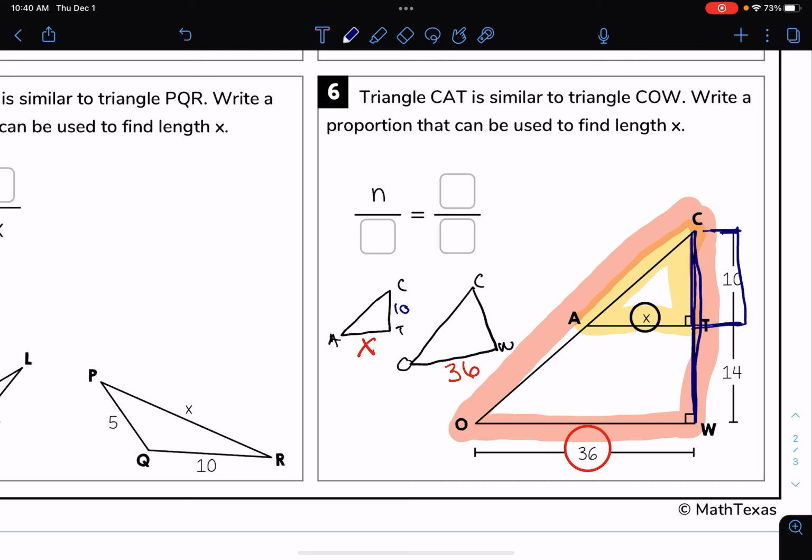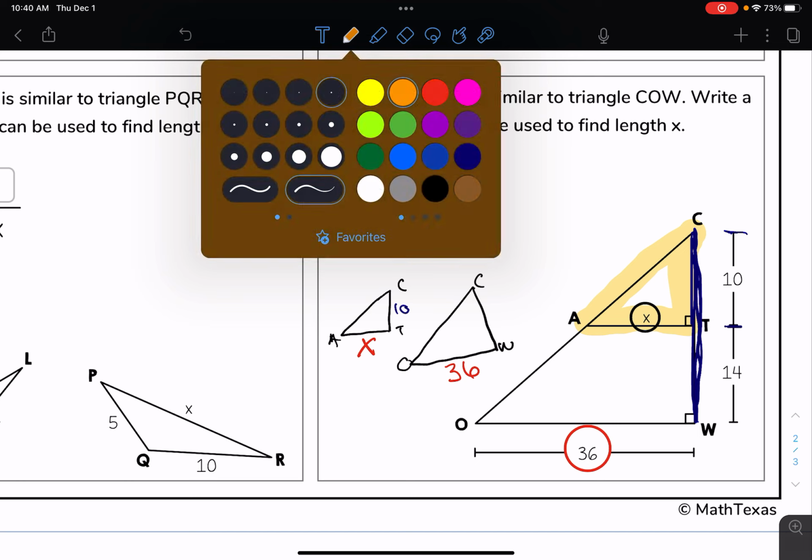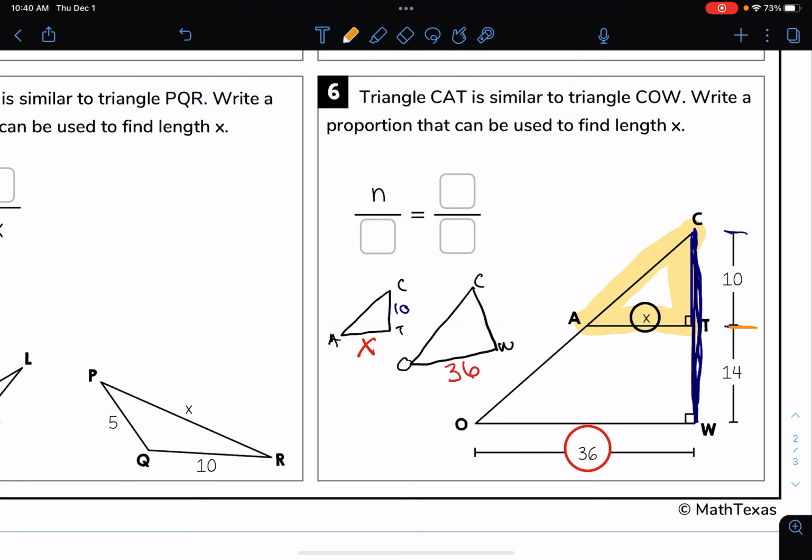Okay, well, line CW is right here. So it's from the top to the bottom. Well, if you notice, let me erase this so you can see the line. The line tells you that from here to here it's 10, but let me change my color so we can see. But from here to here, it's 14.